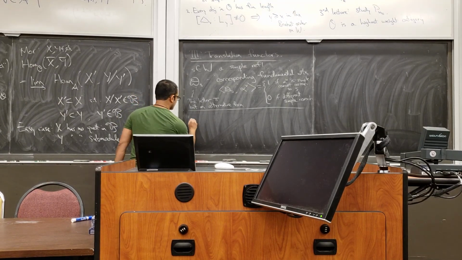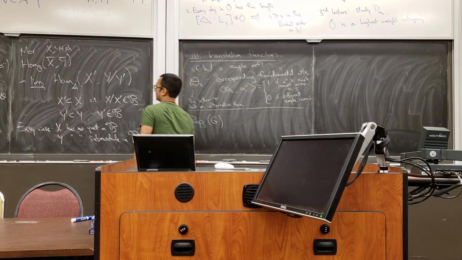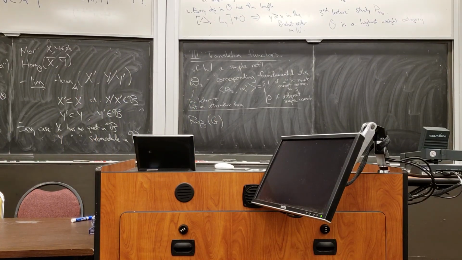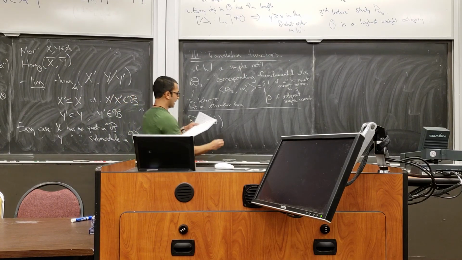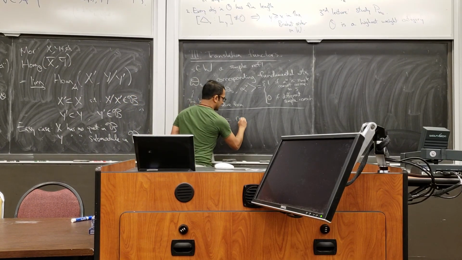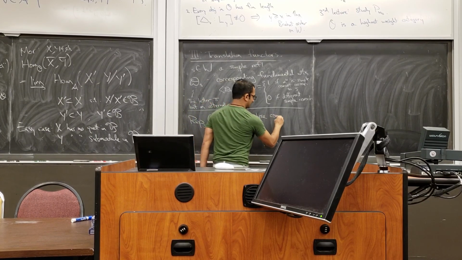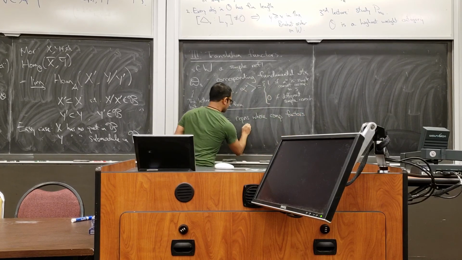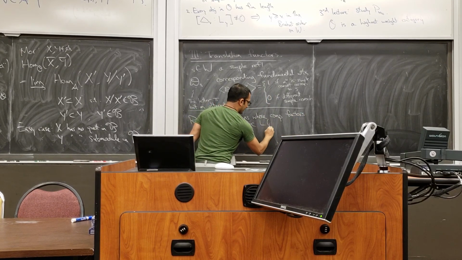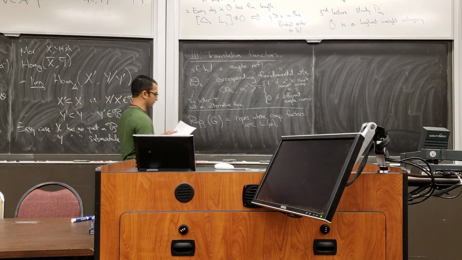Okay, and now I want to define another block of representations. So not the principal block, but a block labeled by this simple reflection s. This is going to be representations whose composition factors are of the form L of mu, and I have to tell you what kinds of things are allowed for mu.